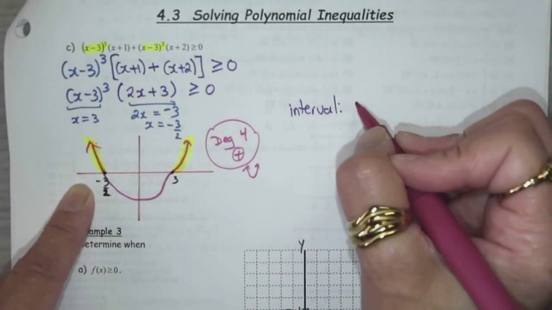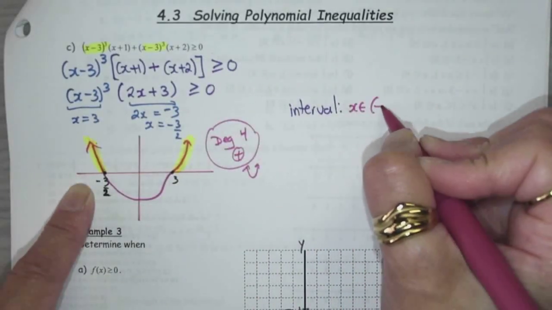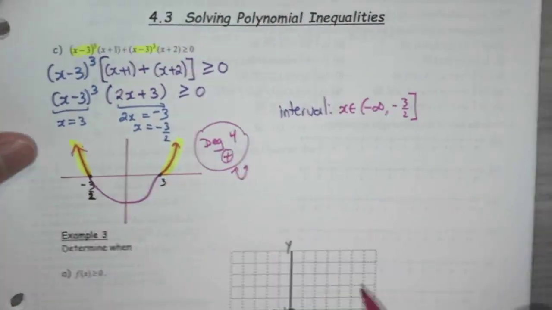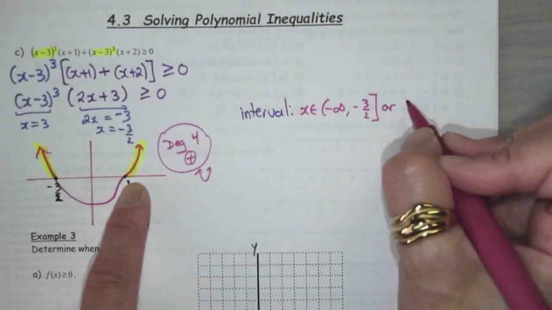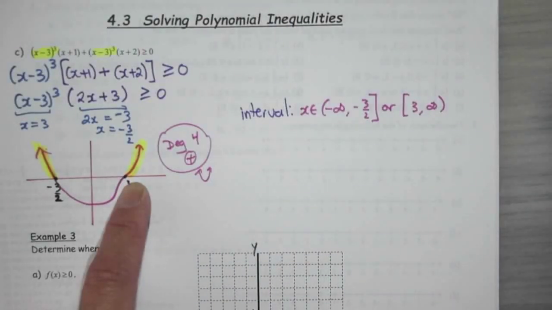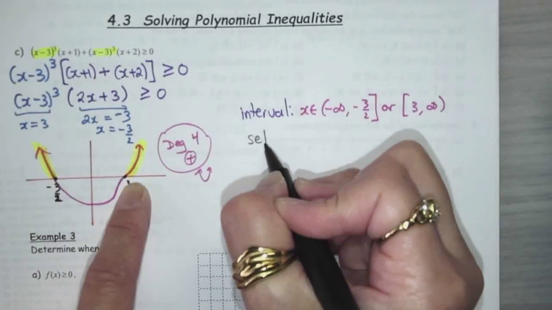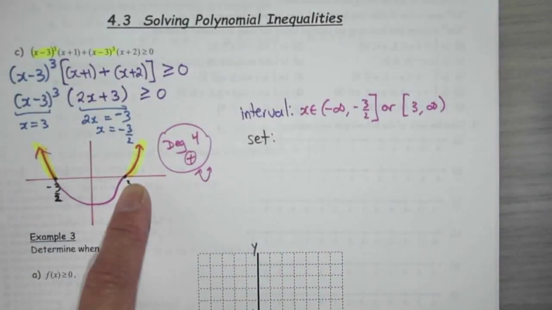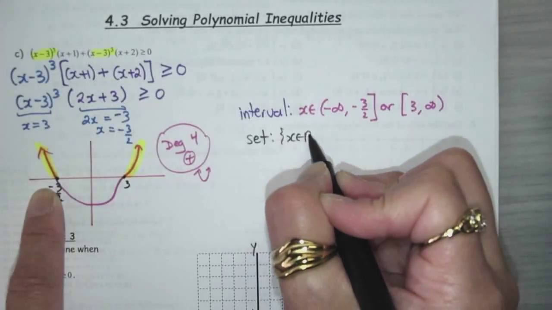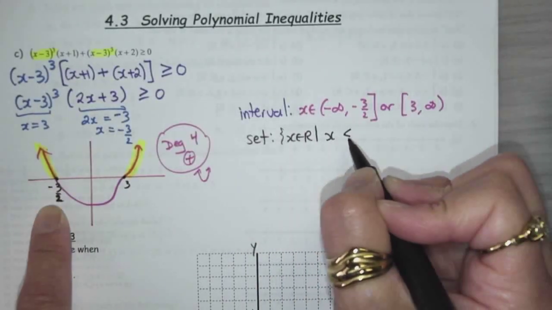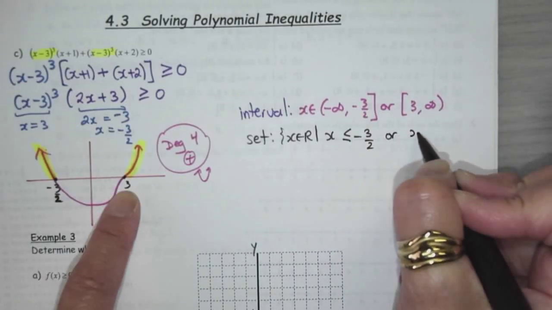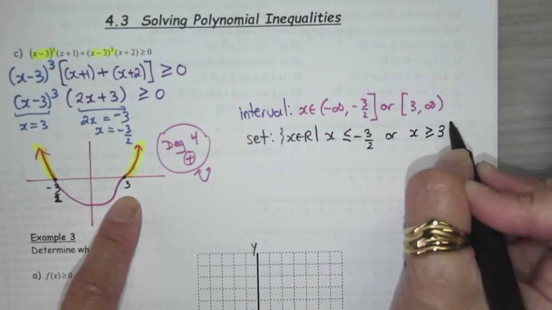So equal, so it'll be square, so it'll be from x is going from negative infinity to negative 3 over 2, square, or a square on the 3 to infinity. Okay, and set would be x is an element of real, x is less than or equal to negative 3 over 2, or x is greater than or equal to 3.